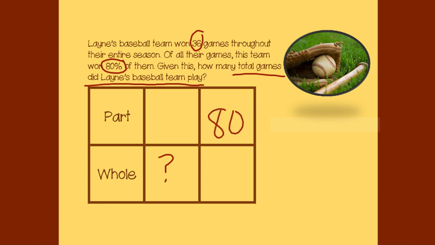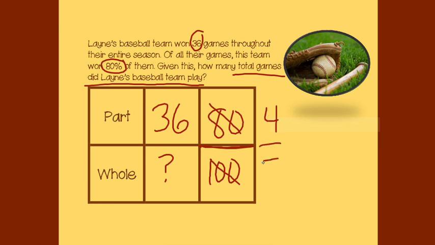We know 80%. I'm going to write that as a fraction right here, 80%. Just pretend like the fraction bar is there. And we know that the part of the games that they won was 36. Butterfly method always works here. However, there's an easier way, we can reduce this fraction. 80 divided by 20 is 4. 100 divided by 20 is 5.